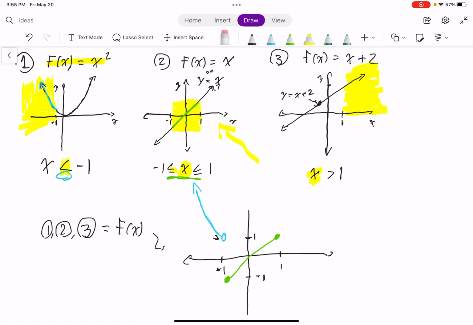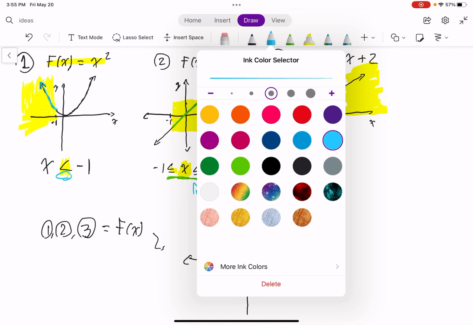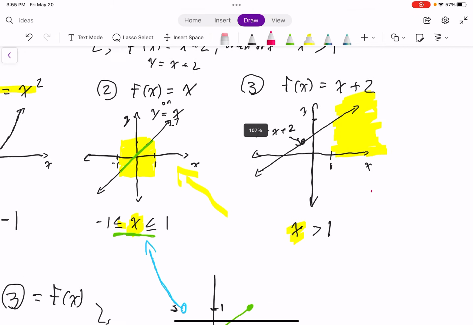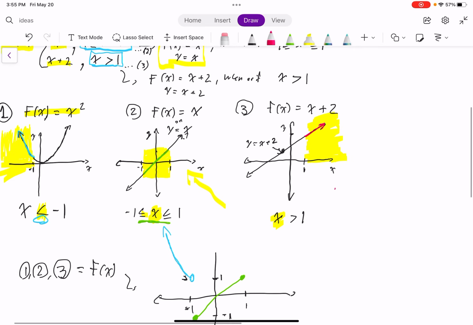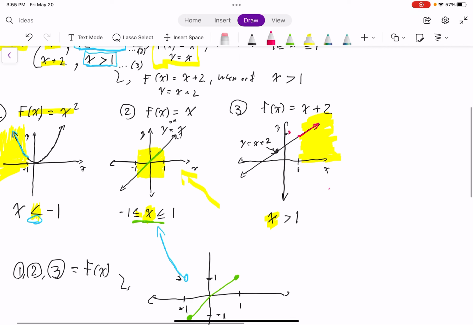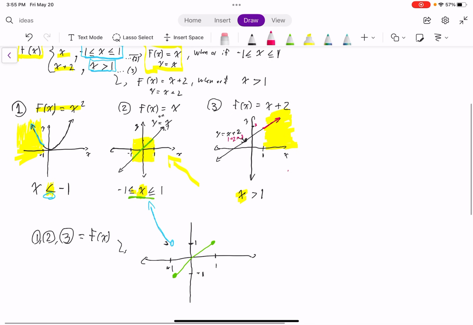And lastly, we'll use a red one. This graph is here from 1 and just goes out this way. So this point at 1, it's going to be at 3 because 1 plus 2 equals 3. So it's a bit higher. And again, it's parallel to this one. It's going out this way.